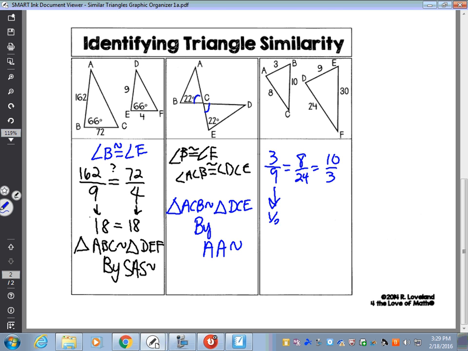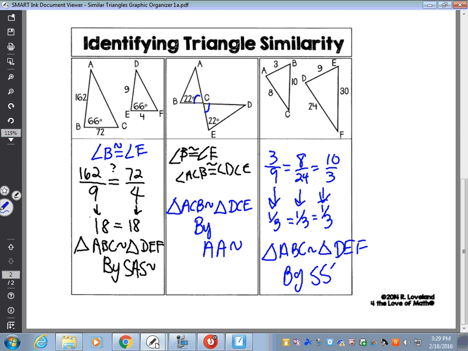Yes, they're all 1 over 3. So triangle C, D, E, F, by side. That is correct. All right, do we have any questions on this?